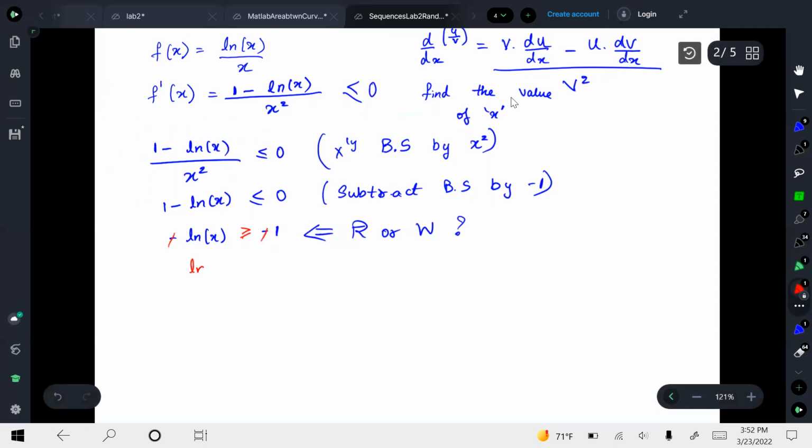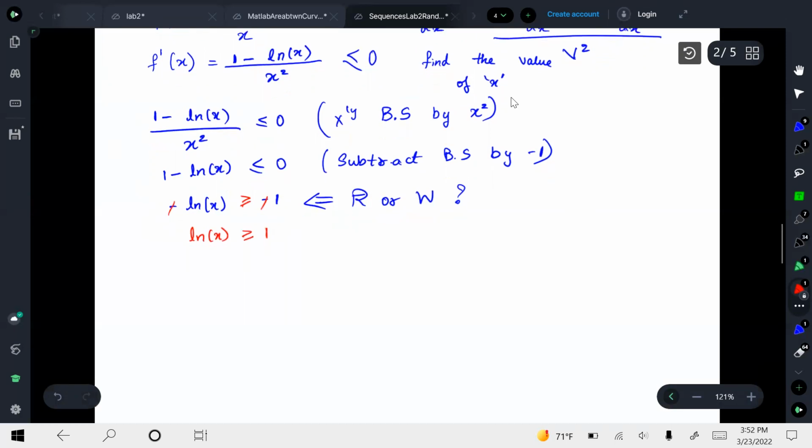So you get ln of x greater than or equal to 1. Now, one more question. I need to eliminate ln. So what should I multiply now? To eliminate ln, what should be multiplied?